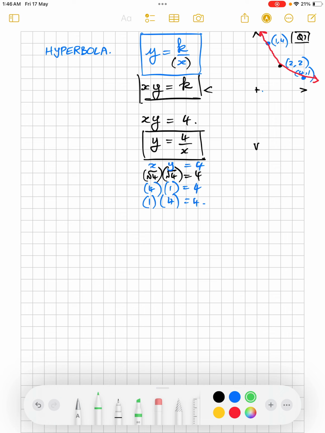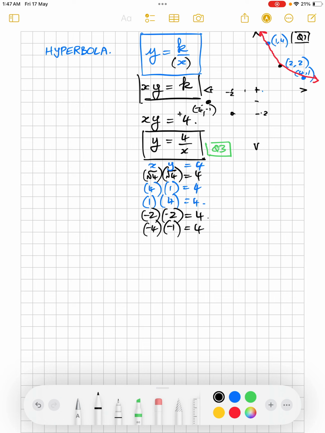Now there is another quadrant where we will also get 4, and that is quadrant 3, because negative 2 times negative 2 is also 4. So a negative times a negative will always equal a positive. So we're getting a positive value. So we're dealing with the coordinates in quadrant 1 and in quadrant 3. So negative 4 times negative 1, negative 4, negative 1, also equals 4.